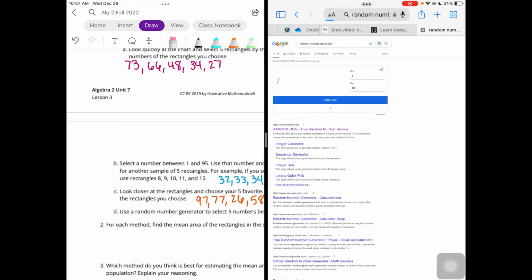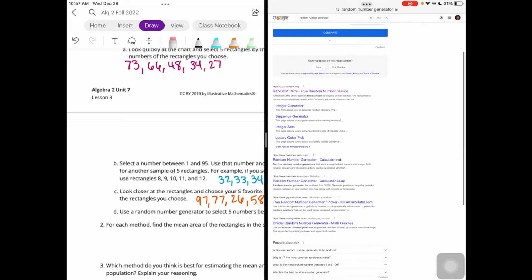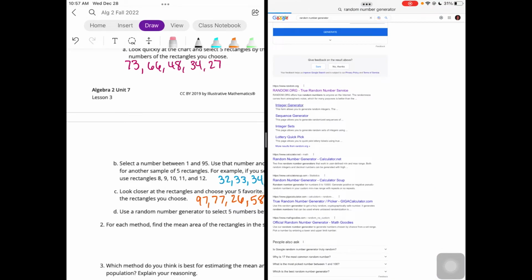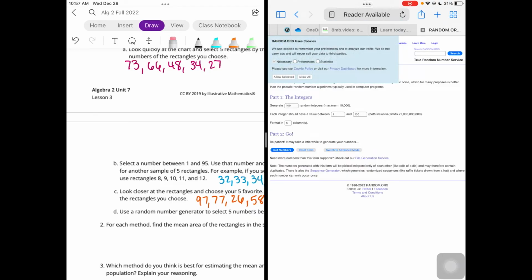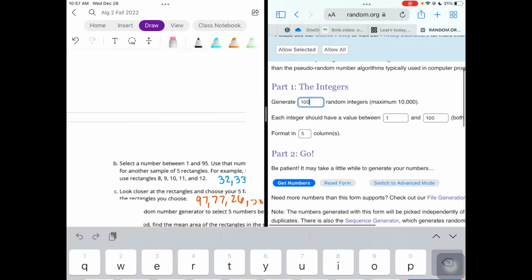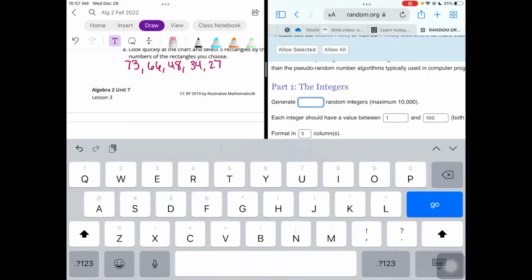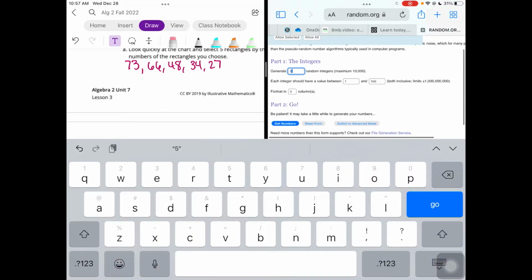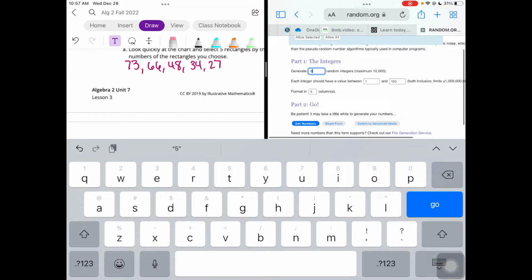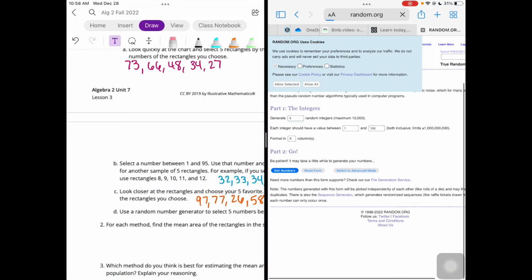Random number generator. We'll try that. Integer generator. Okay, there we go. So we want to generate 5 random integers, and they want to be between 1 and 100. Okay, so then we're going to get our numbers.